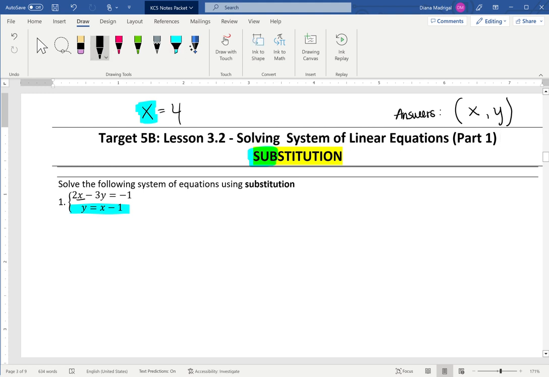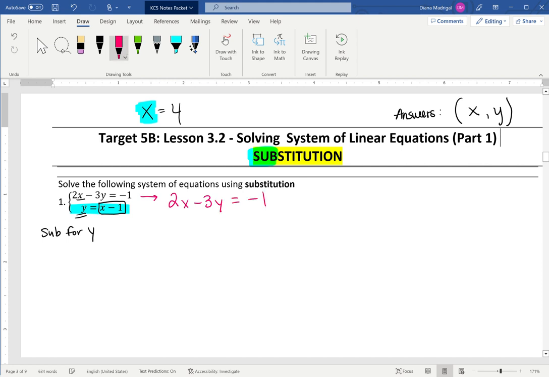All right, just like we were practicing, you're going to plug in for y. You're substituting for y. So sub for y. Why? Because y is by itself. What are you going to sub for y? You are going to be replacing y by x minus 1. So you're going to take the first equation, so this one right here, we're going to rewrite it: 2x minus 3y equals negative 1.